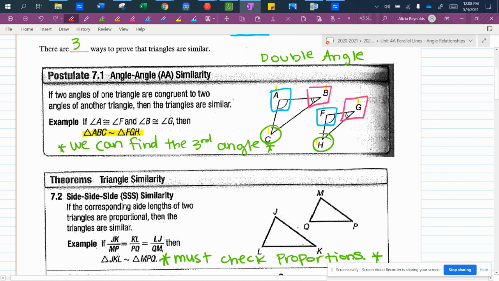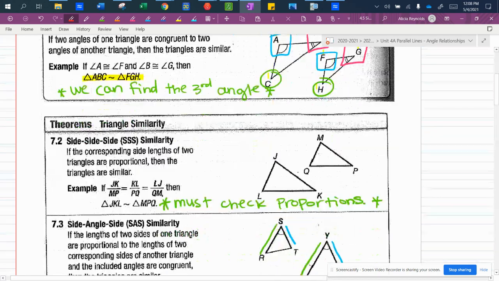If we don't write that in the right order, it's going to mess up our proportions. So we need to make sure that we understand how to write the similarity statements.